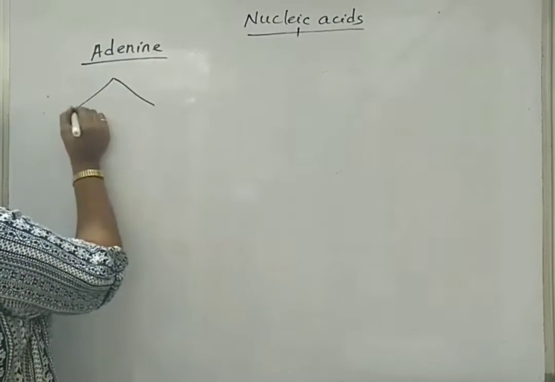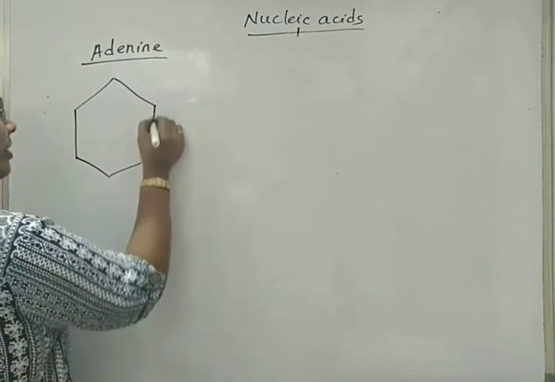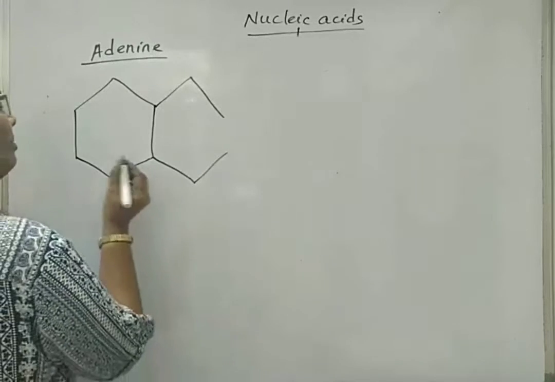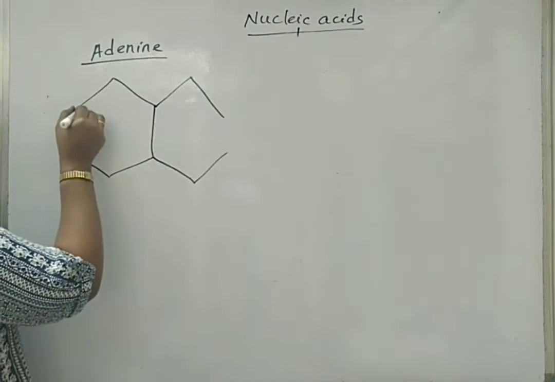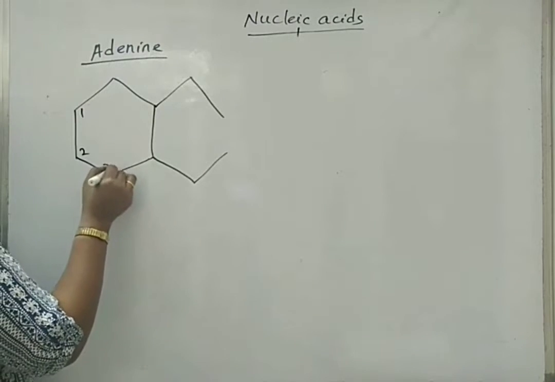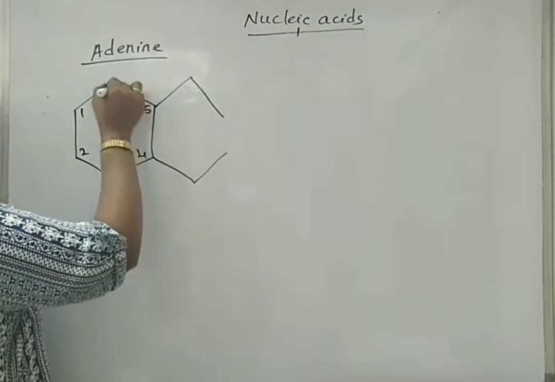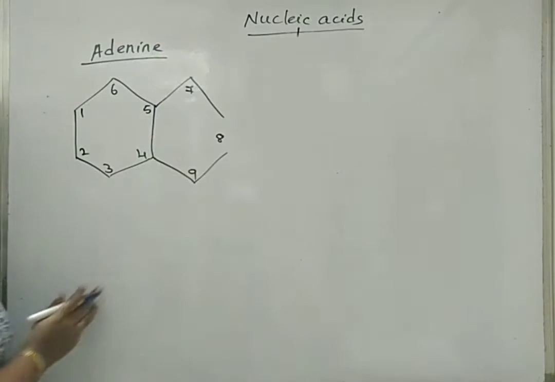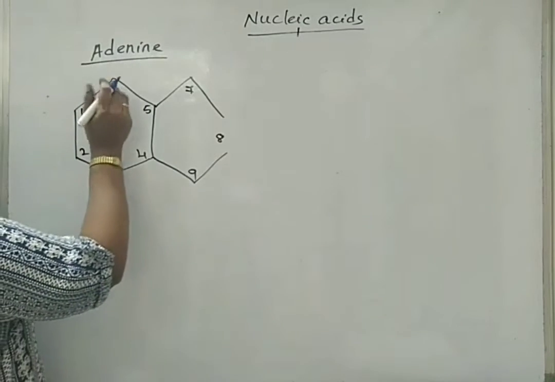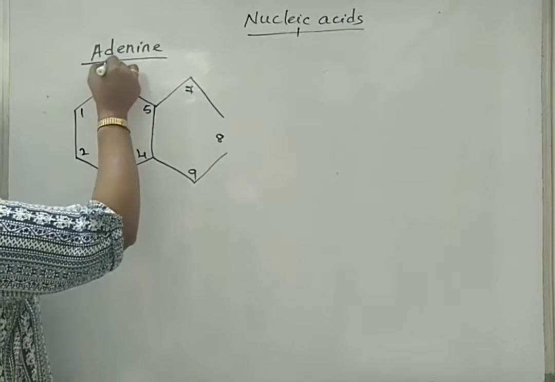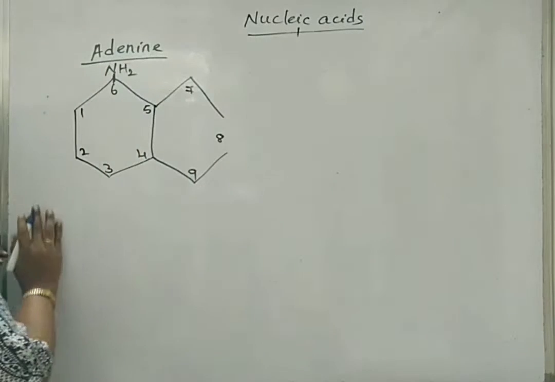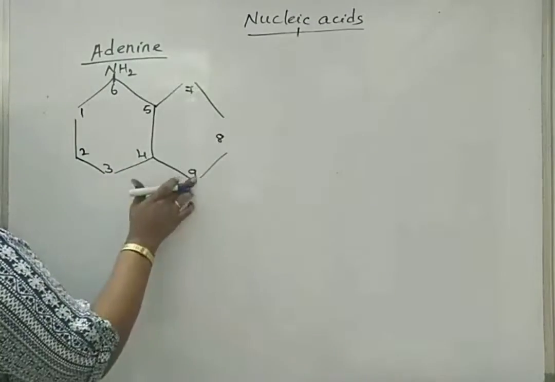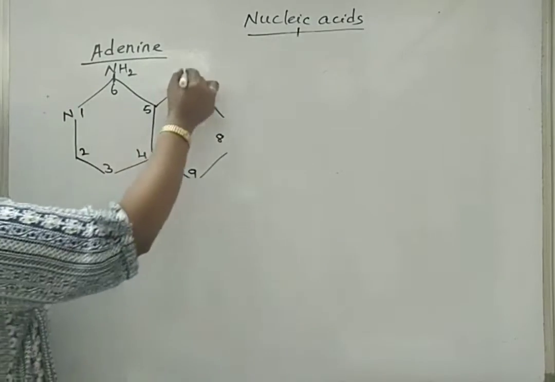The positions are given as 1st, 2nd, 3rd, 4th, 5th, 6th, 7th, 8th and 9th. In case of adenine, at the 6th carbon there is an amino group, and at 1st, 3rd, 7th, 9th there will be nitrogen atoms.